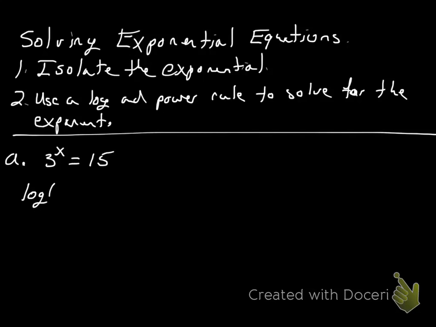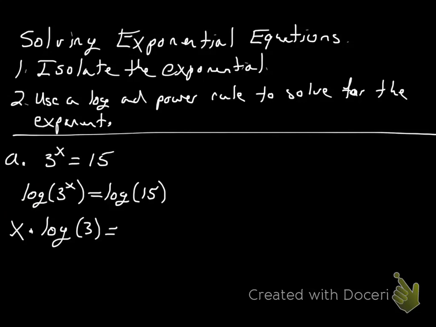If we log both sides, it's a function, so it's kind of like squaring both sides or adding 5 to both sides, we can log both sides. Then we're going to use the power rule to take the exponent of x and bring it down. And log of 3 is now just a number.